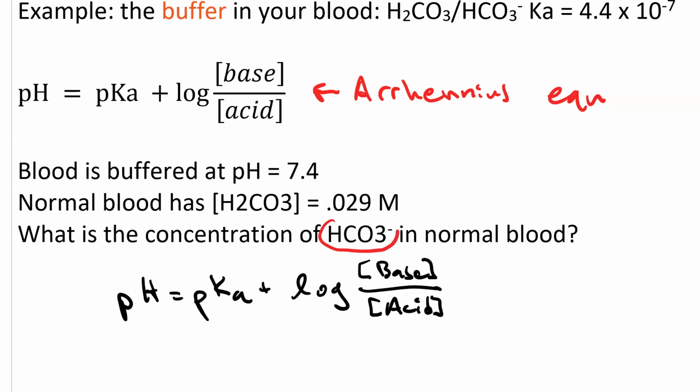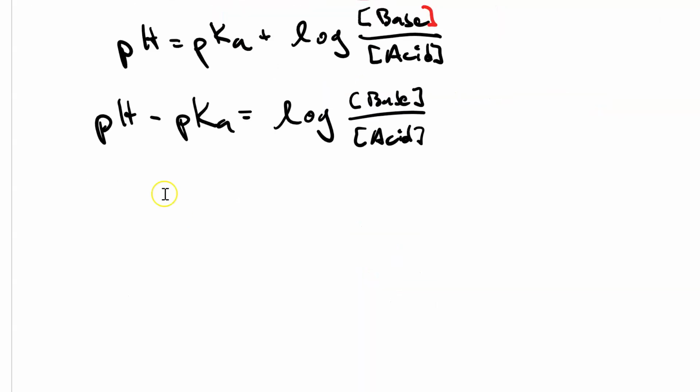So when we're trying to find the concentration of hydrogen carbonate, that means we're trying to find the concentration of the base. So the first thing we're going to do is subtract the pKa from both sides. That gives us pH minus pKa equals the logarithm of the concentration of the base over the concentration of the acid. Now we're going to have to take the inverse log of both sides.